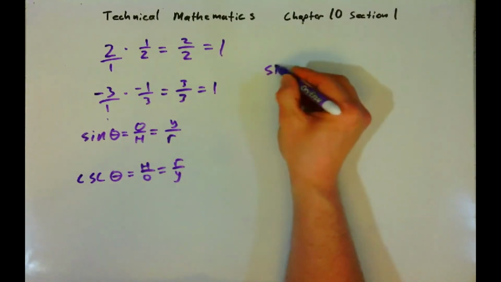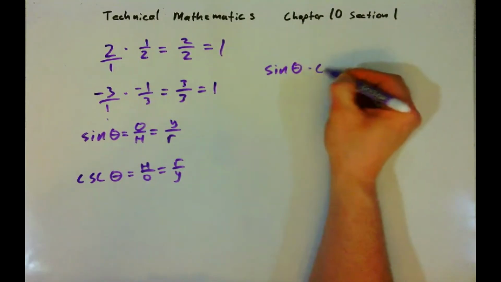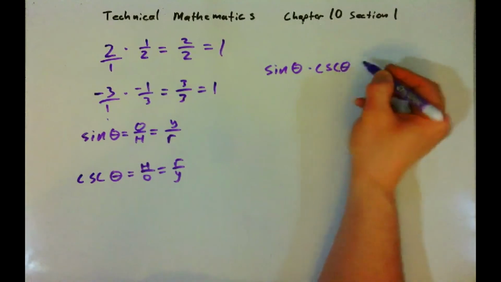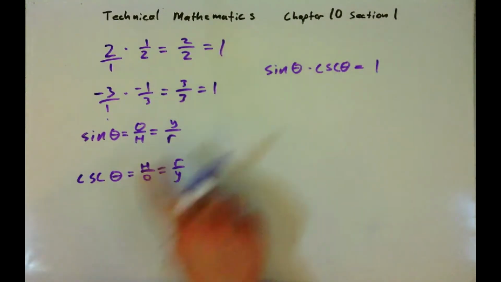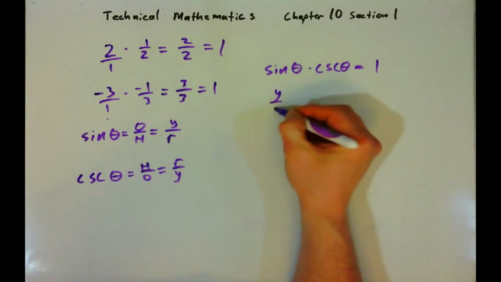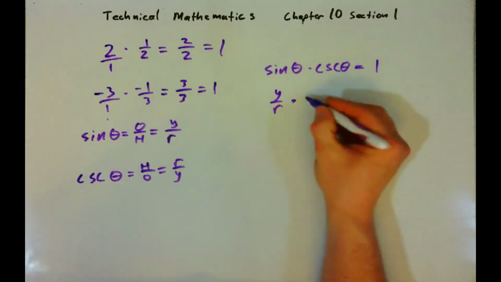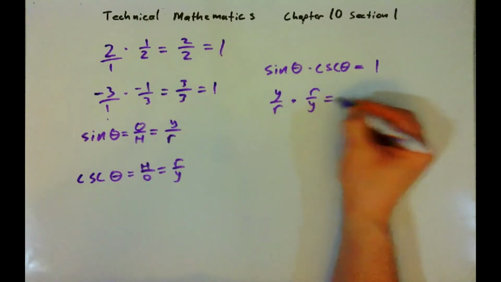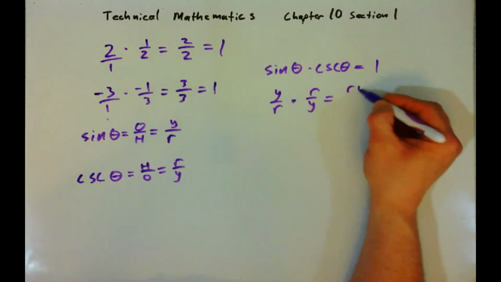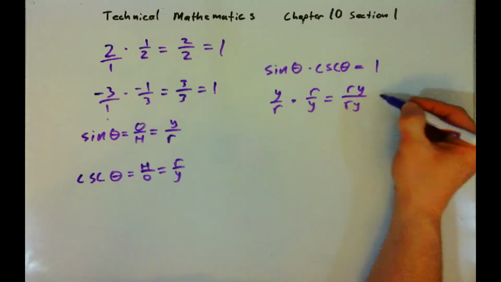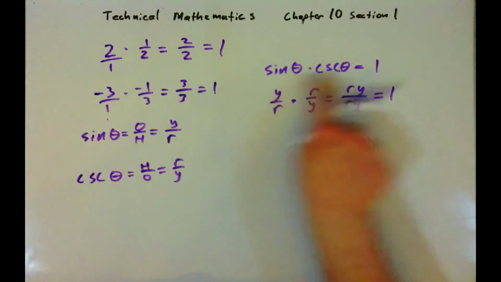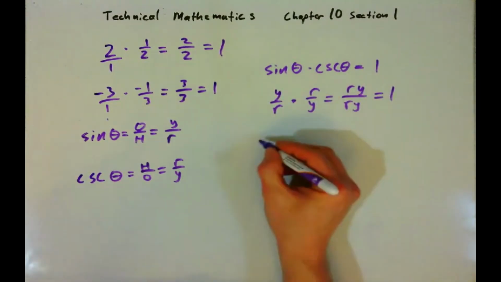And so what that means is that sine theta times the cosecant of theta is equal to 1, because the sine is y over r, the cosecant is r over y, and when we multiply these together we get r times y over r times y, which reduces to 1. And so the sine and the cosecant are reciprocals of one another.